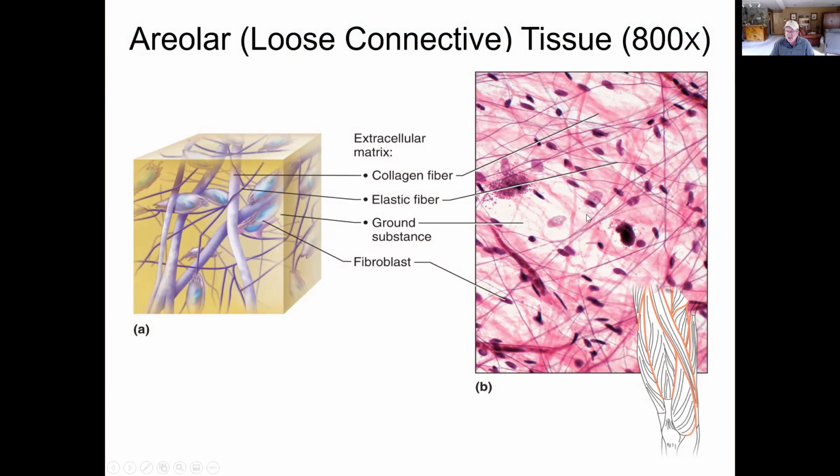And then the thinner purple lines you see here, those are the stained elastic fibers. So you can see again that they're interwoven within this three-dimensional space of the areolar connective tissue, and the book is telling us to look between the muscle groups and just under the skin. You can find loose connective tissue.